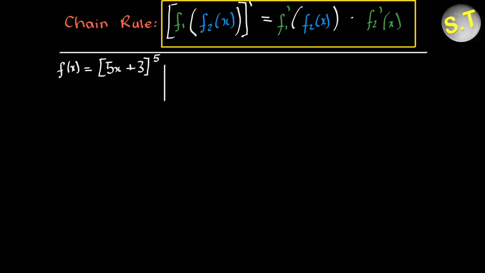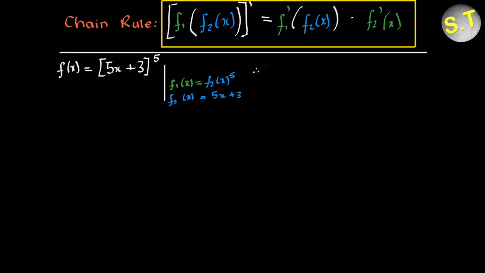So our f1 of x is given by f2 of x all to the fifth power, so therefore our f2 of x is equal to 5x plus 3.